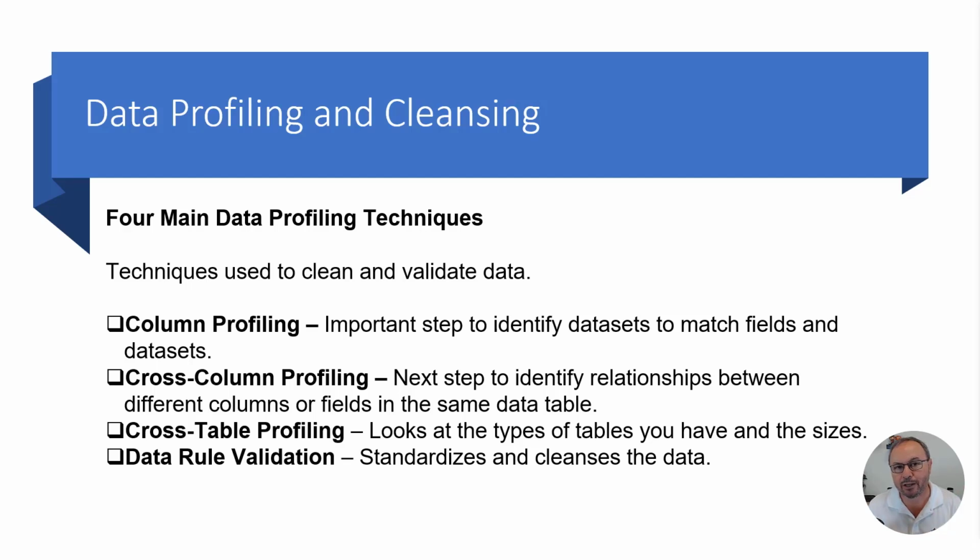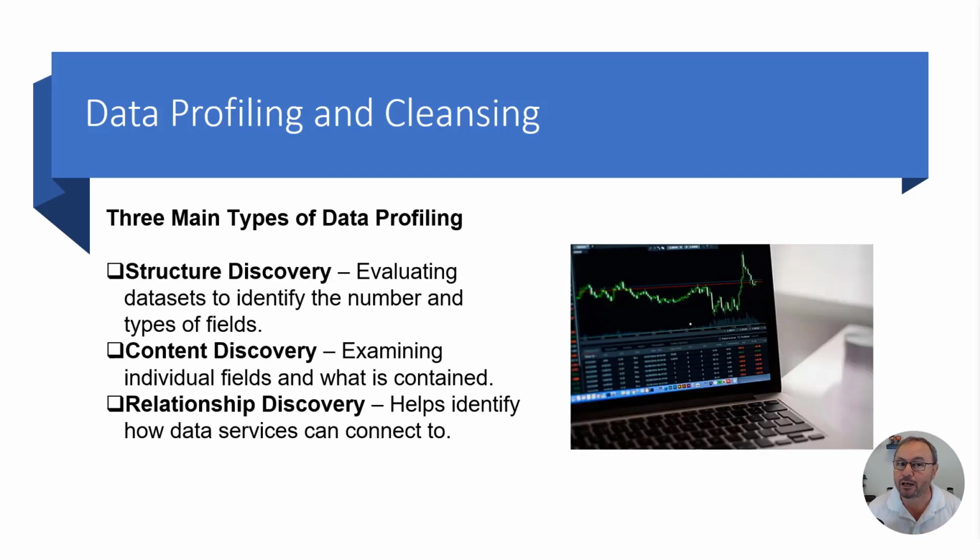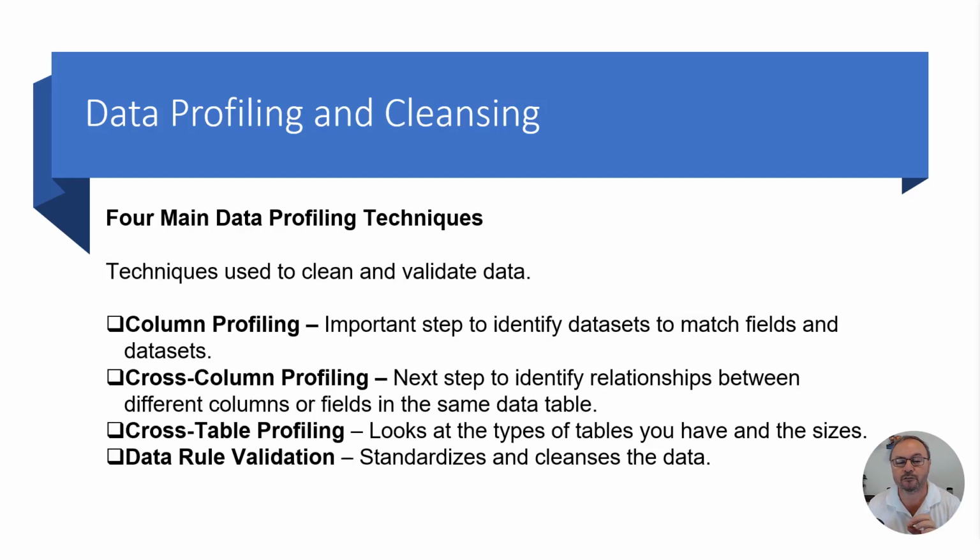The next thing we want to look at is the cross tables. This is going to look at the types of tables and, importantly, the sizes. So when a table gets a little bit too large, that can create basically some opportunities around optimization and really help us determine, can we actually minimize that table space and ensure that we could run that data service as efficiently as possible.